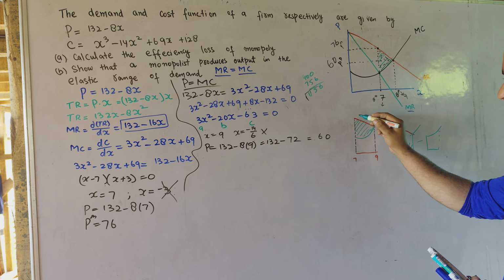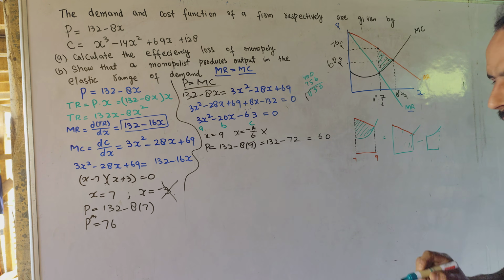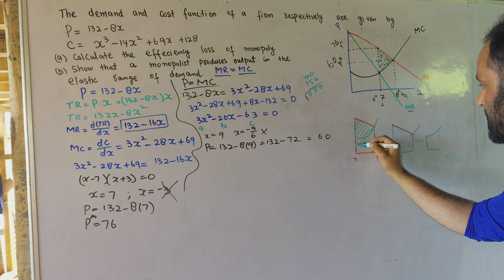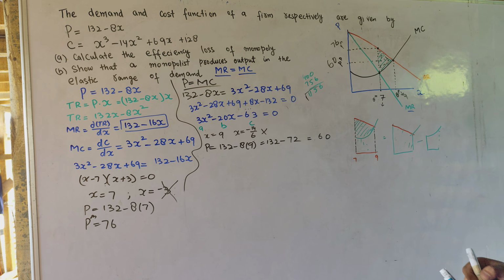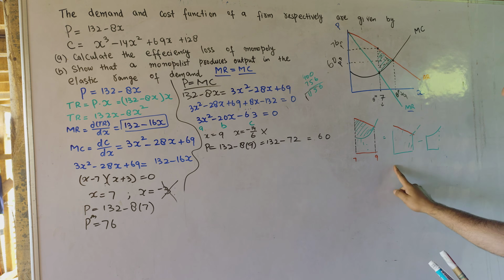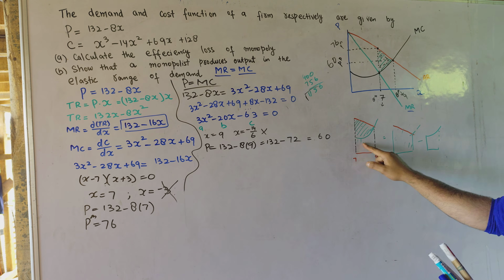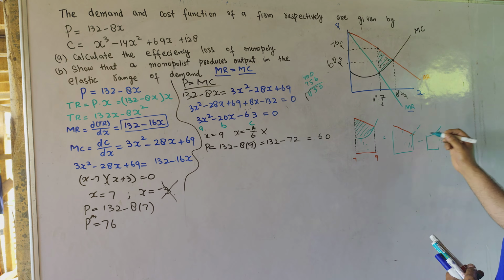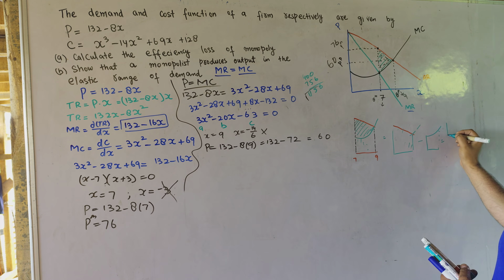Okay, so from this region, when I subtract this region, I will get this region. First we need to find out the area of this whole region. From there we subtract this region, then we will get the area of this region.